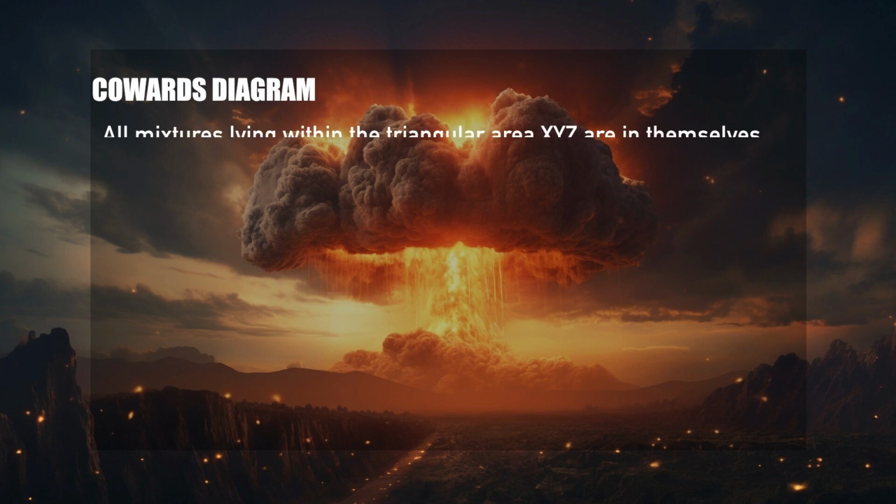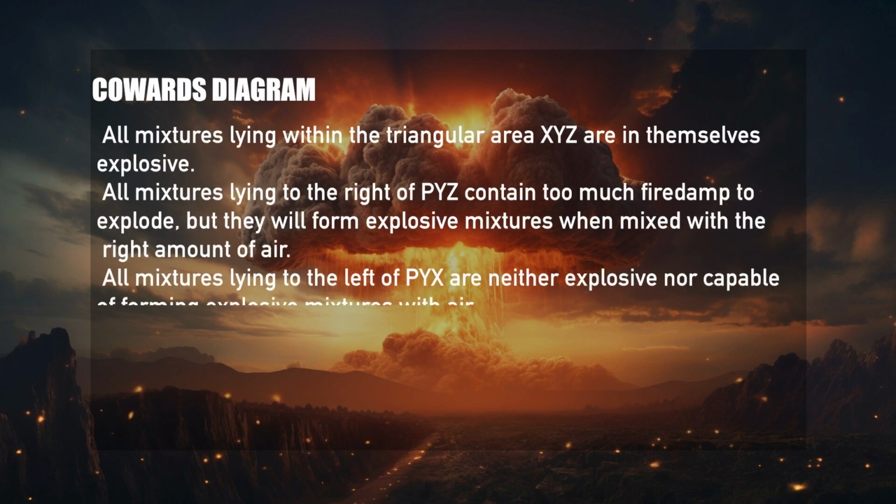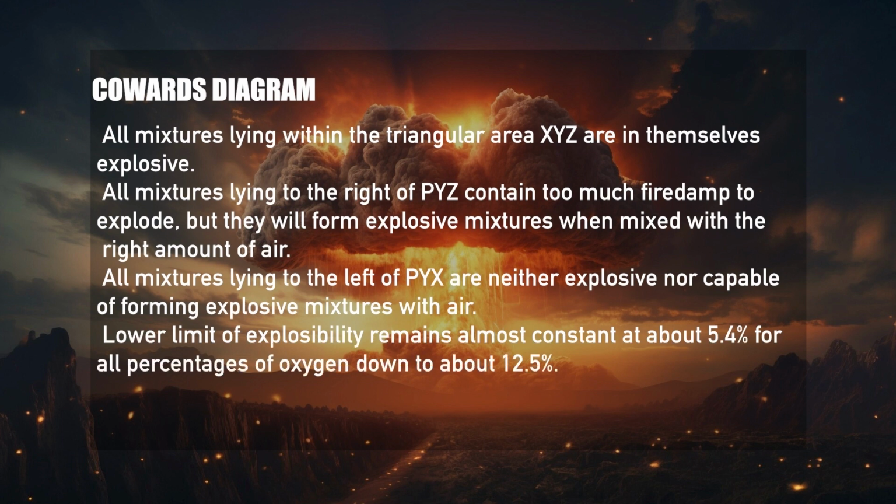The quad diagram describes that all mixtures lying within the triangular area are in themselves explosive. All mixtures lying to the right of PYZ contain too much fire damp to explode, but they will form an explosive mixture when mixed with the right amount of air.